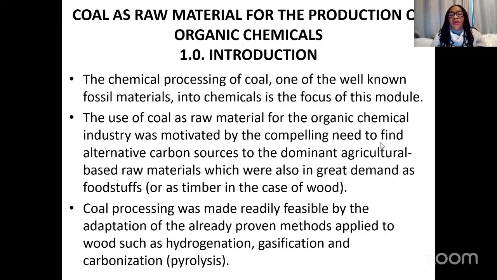Initially, it was agricultural-based materials that were used for carbon source, and then because of some shortcomings, like the demands of the agricultural-based materials for food and for timber and so on, there was need to look for an alternative source. And that was how the use of coal for organic chemical industry raw materials came to play.